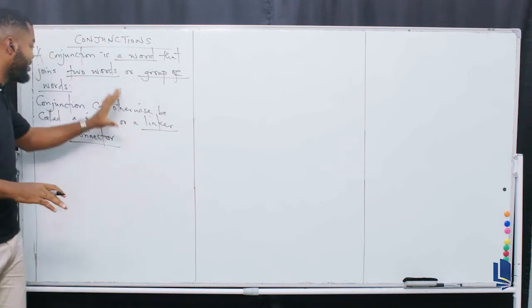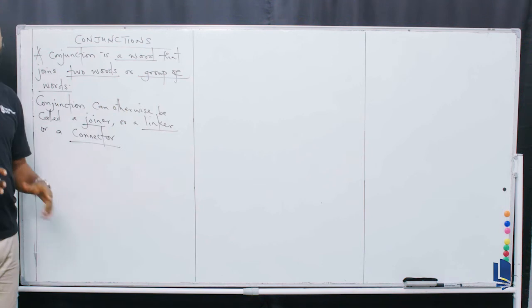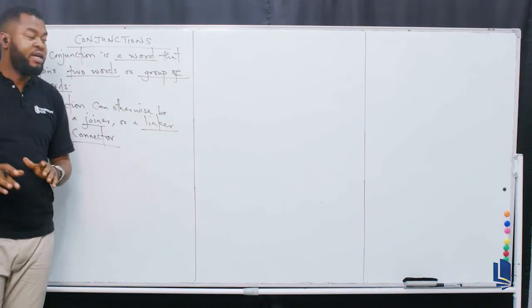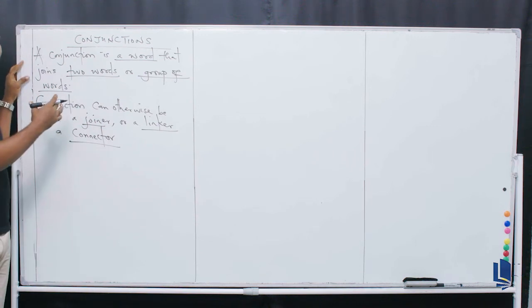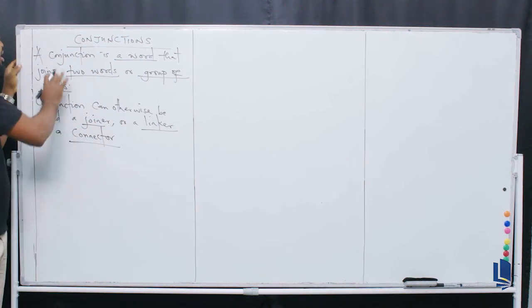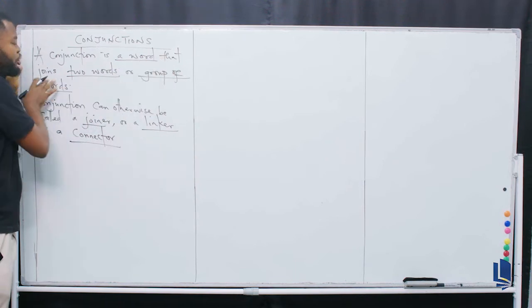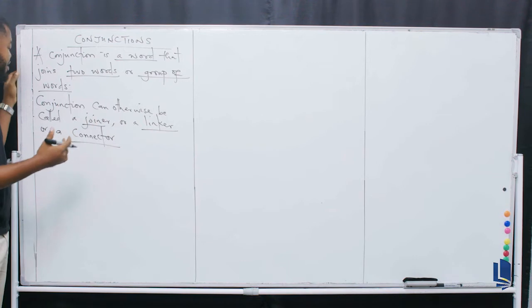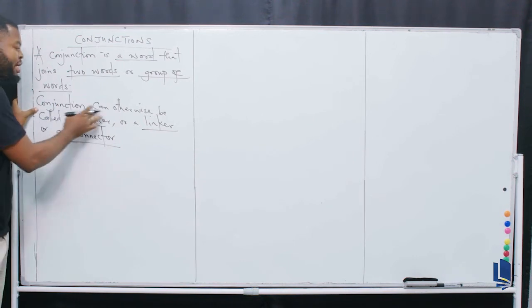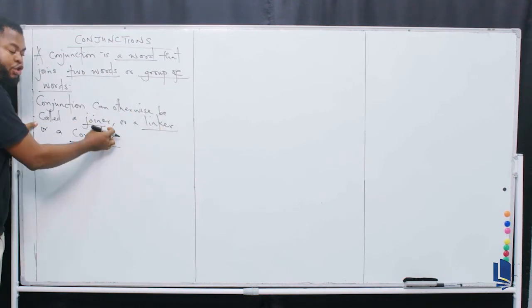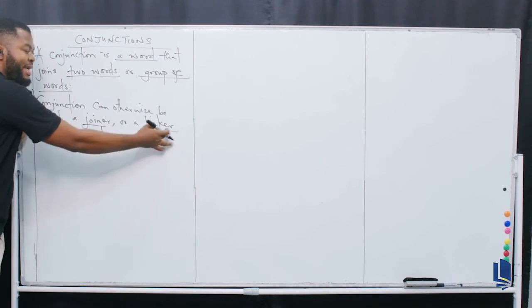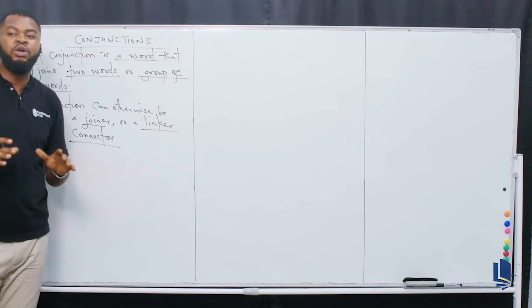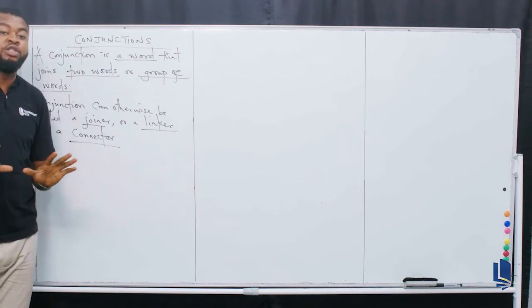Now, for those that are just joining, what we're looking at today is the definition of conjunction, which is a word that joins two words or a group of words in a sentence. Conjunction can otherwise be called a joiner, a linker, or a connector. I hope this is understood now.